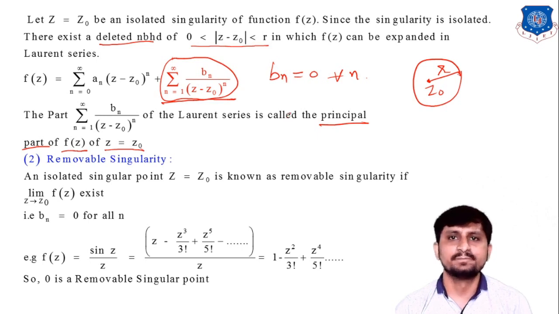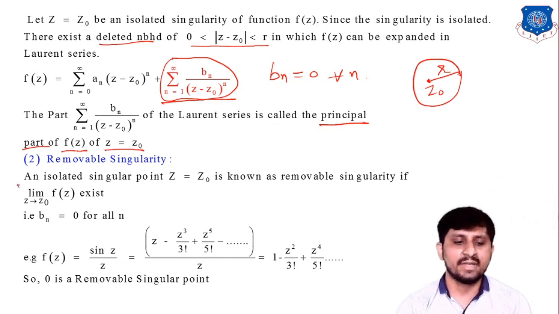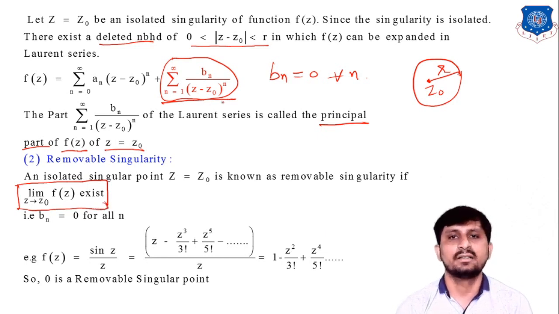In another way, the same definition: the limit as z tends to z0 of f of z exists. This limit exists only if the principal part is 0, because we have only the first part, which is called the regular part.